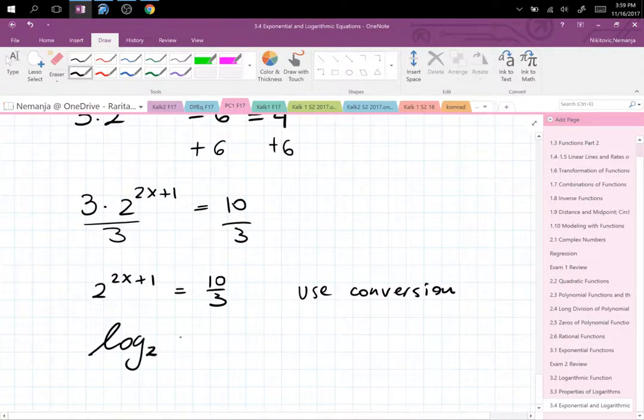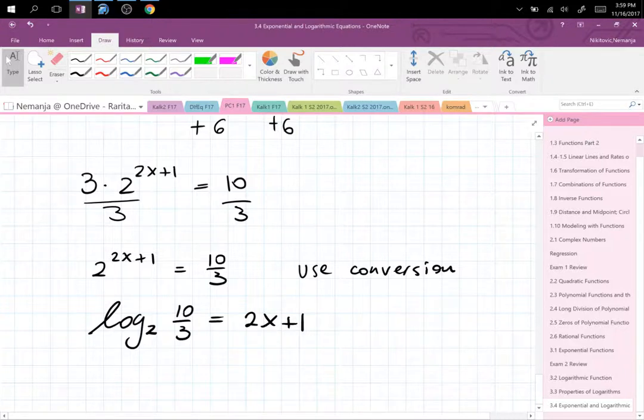Log base 2 of 10 over 3 is equal to 2x plus 1. We use the change of base formula to calculate the log. Hopefully you get 1.737 is equal to 2x plus 1.